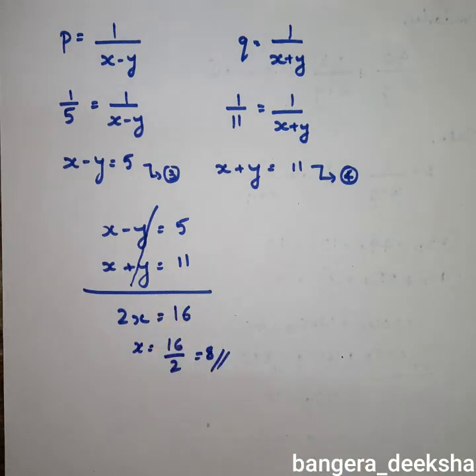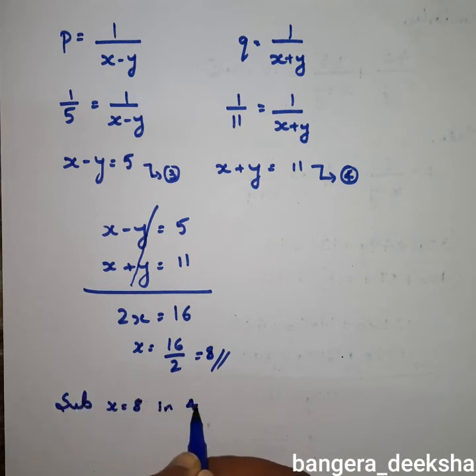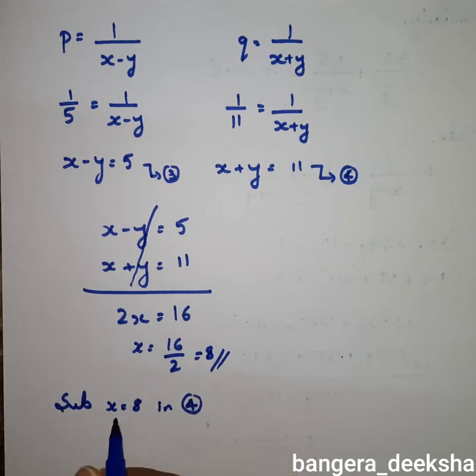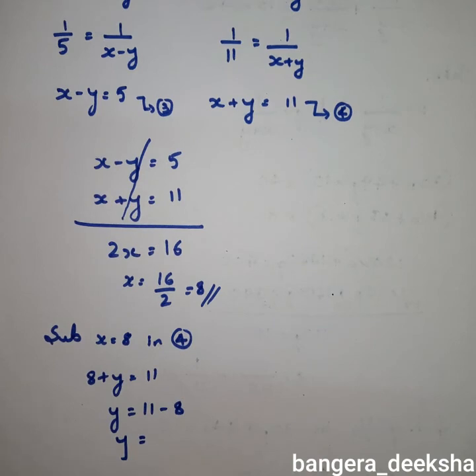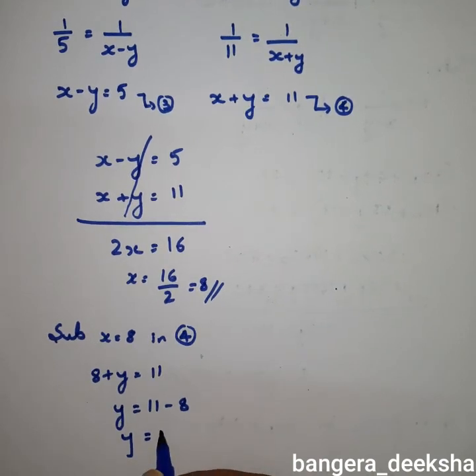Now this value I'll substitute in equation 3 or 4. Say, substitute x is equal to 8 in equation 4. So I'll write 8 plus y is equal to 11, y is equal to 11 minus 8, y is equal to 3. So that is the value.